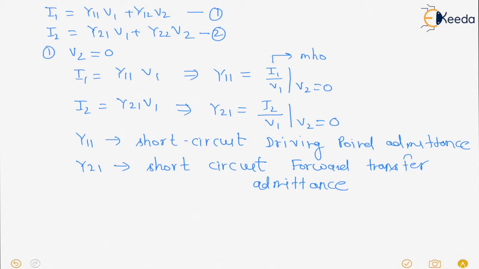In the same way, when V1 is equal to 0, we can calculate y12 and y22. When V1 is equal to 0, then we will write I1 is equal to y12 V2.